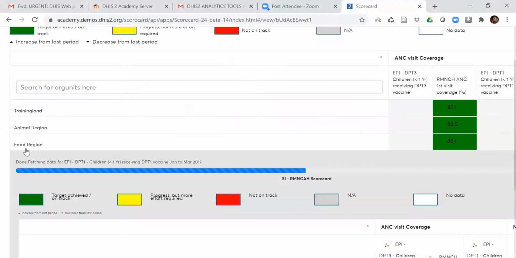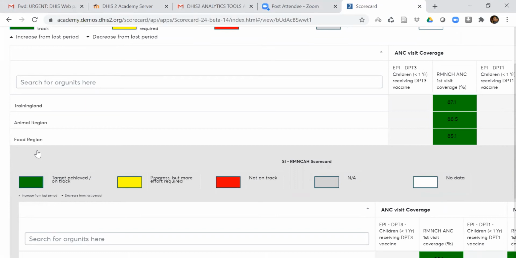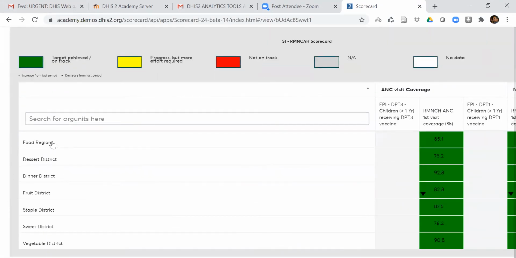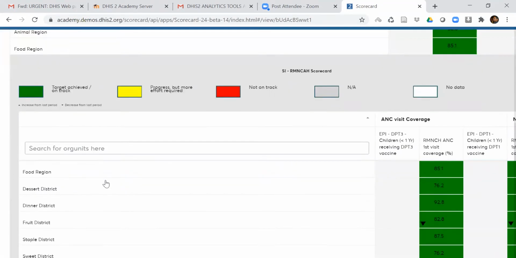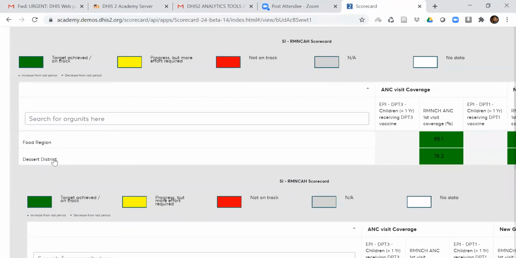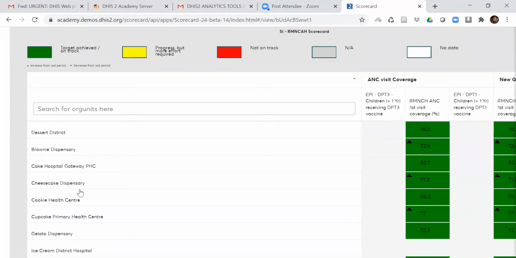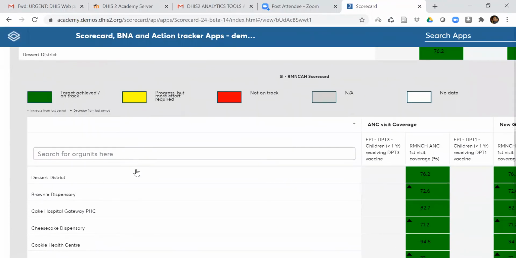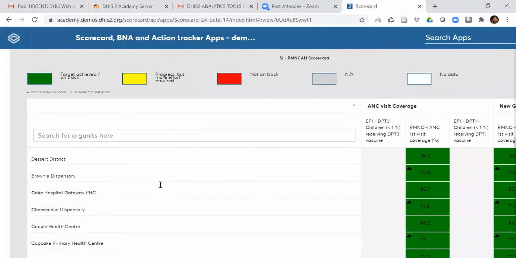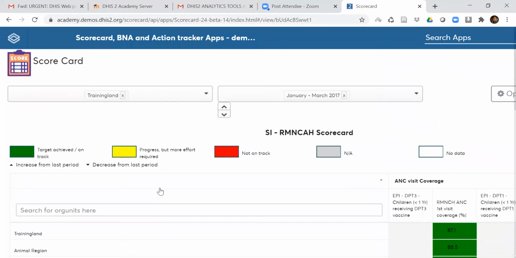Then the child org units for food region, all the districts in it, will be shown under food region. If you click on desert district, then all the child org units, that is the health facilities under desert district, will be shown. So that is drilling down, very easy, very simple, and not very complicated.